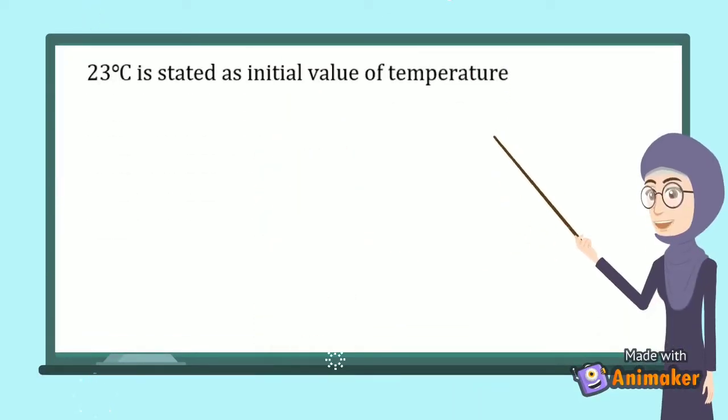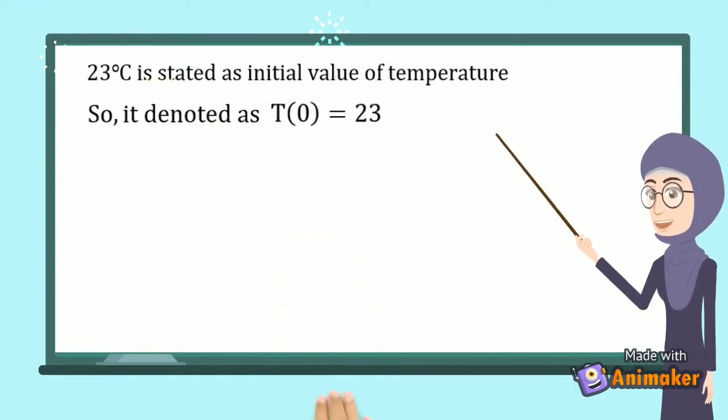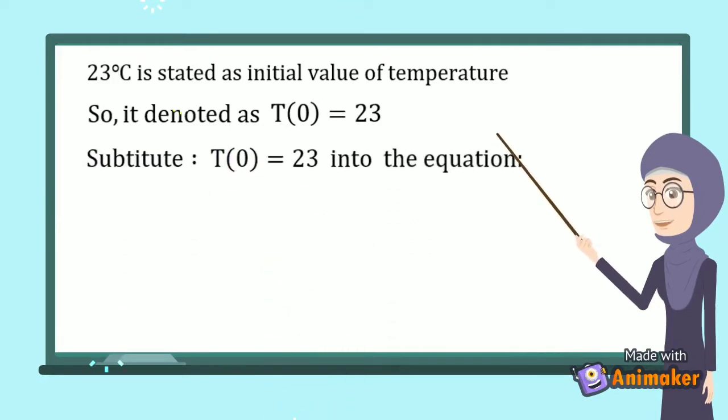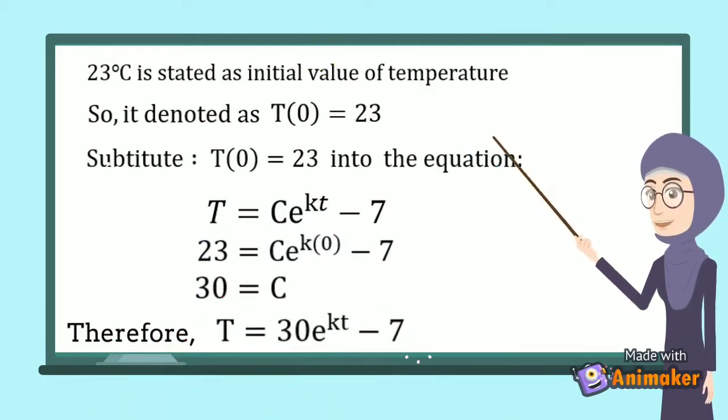From the question, we know that 23 degrees Celsius is the initial value of temperature when the time t is equal to 0, denoted as T of 0 is equal to 23. To find the constant c, we substitute this initial value into the equation. After we substitute and calculate, we get c is equal to 30.